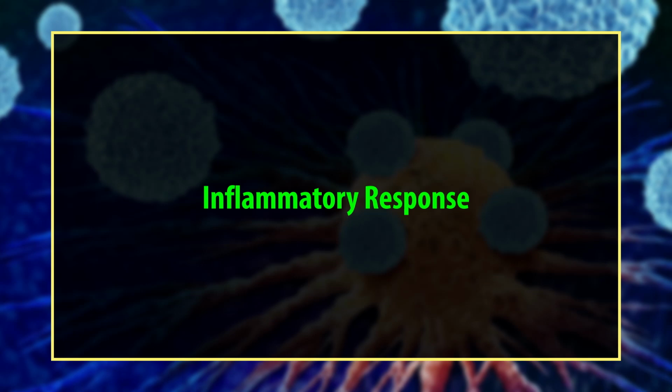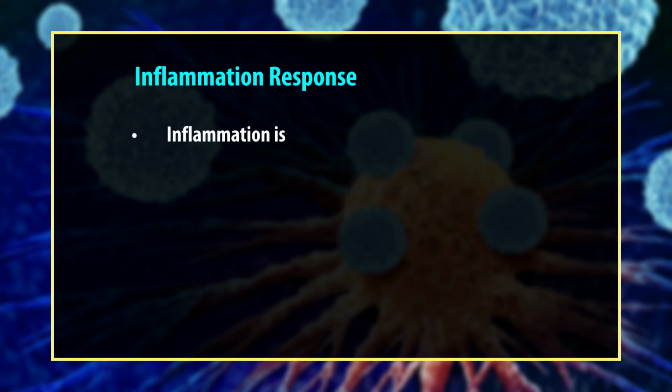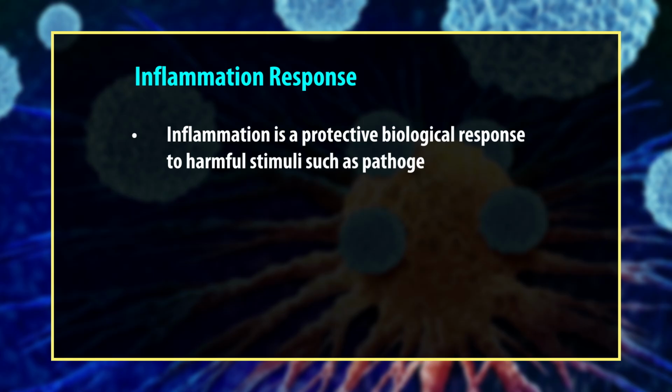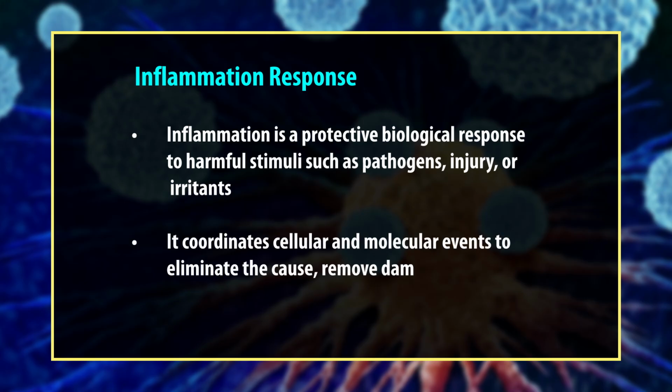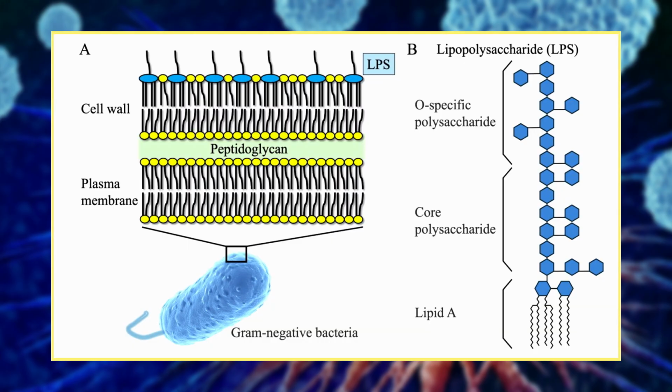Next is the inflammatory response. Inflammation is a protective biological response to harmful stimuli such as pathogens, injury or irritants. It coordinates cellular and molecular events to eliminate the cause, remove damaged tissue and initiate repair. Microbial components like lipopolysaccharides or LPS trigger the process via specific cell surface receptors.